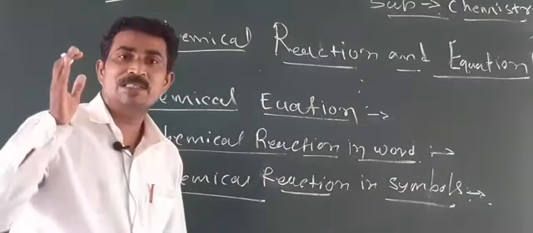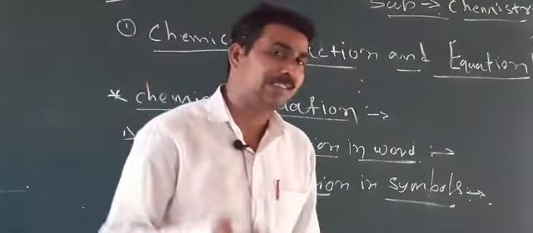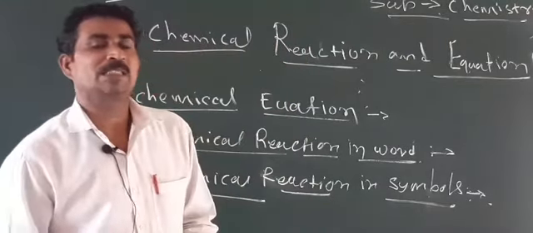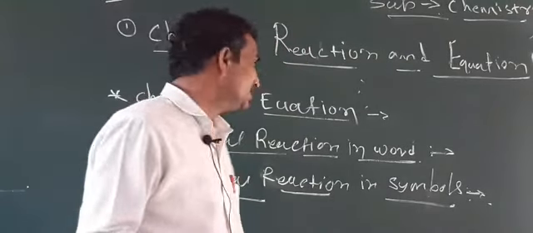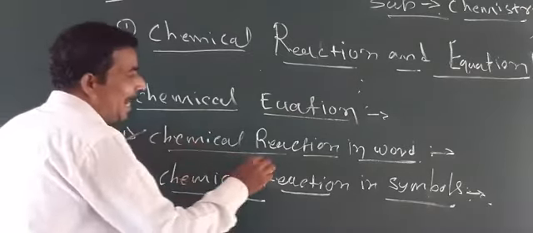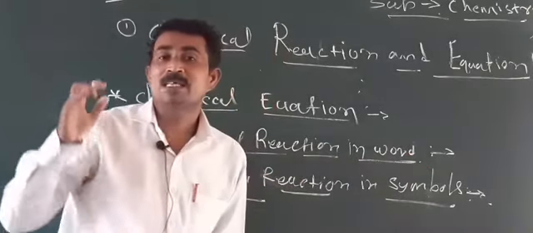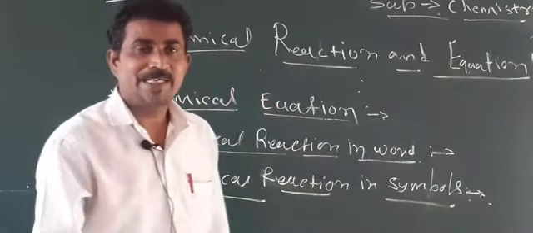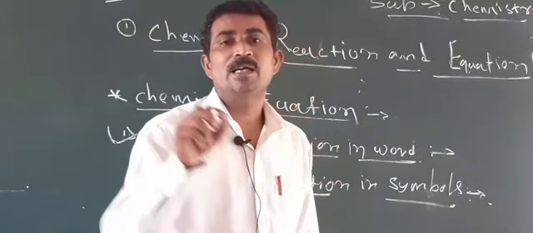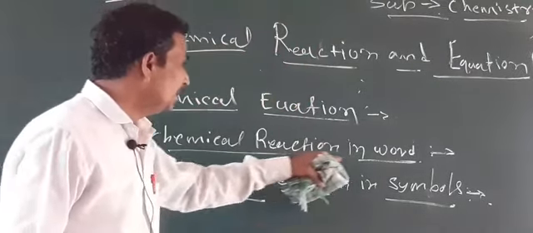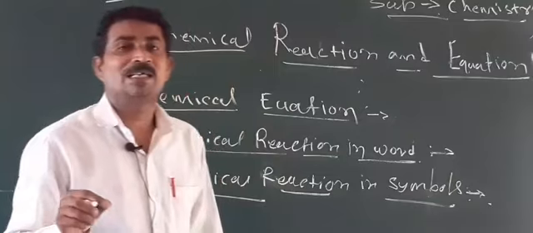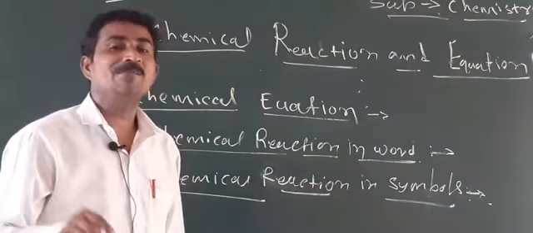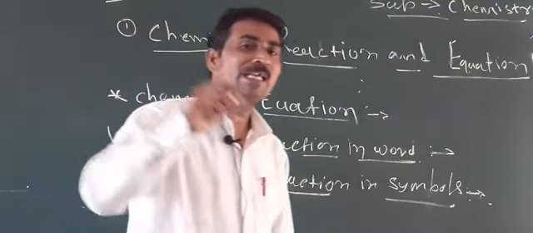So, the chemical equation can be represented in two methods. Number 1 is the chemical reaction in words, meaning we write the chemical reaction using chemical names.